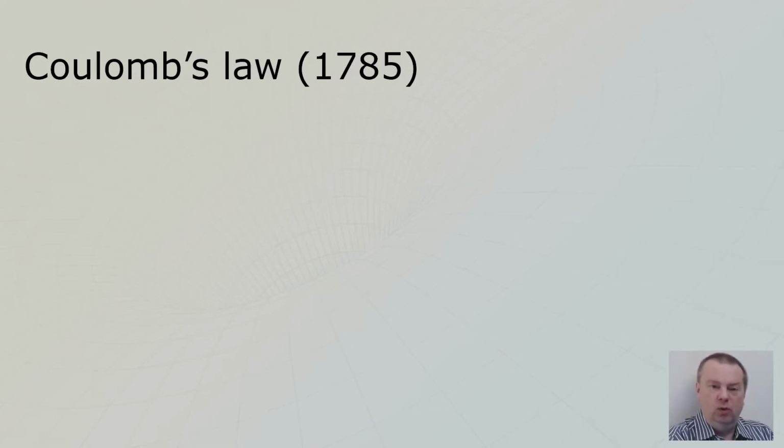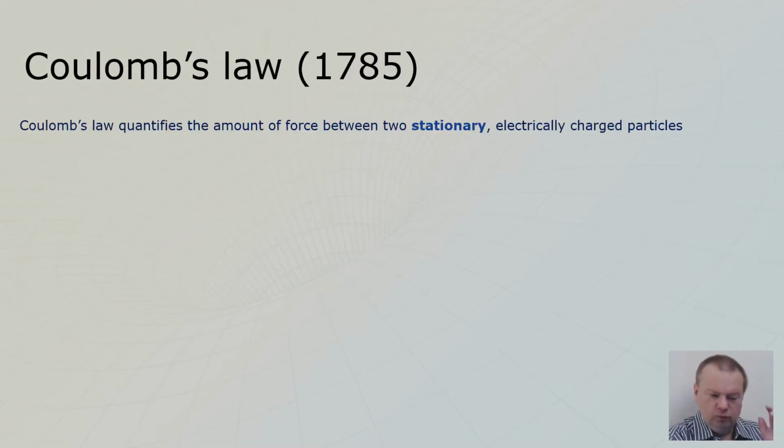So, Coulomb's law, what is it? Coulomb's law quantifies the force between two electrically charged particles. Let me get my experimental test charges here. So here they are. If they are both positively charged, they want to get away from each other.